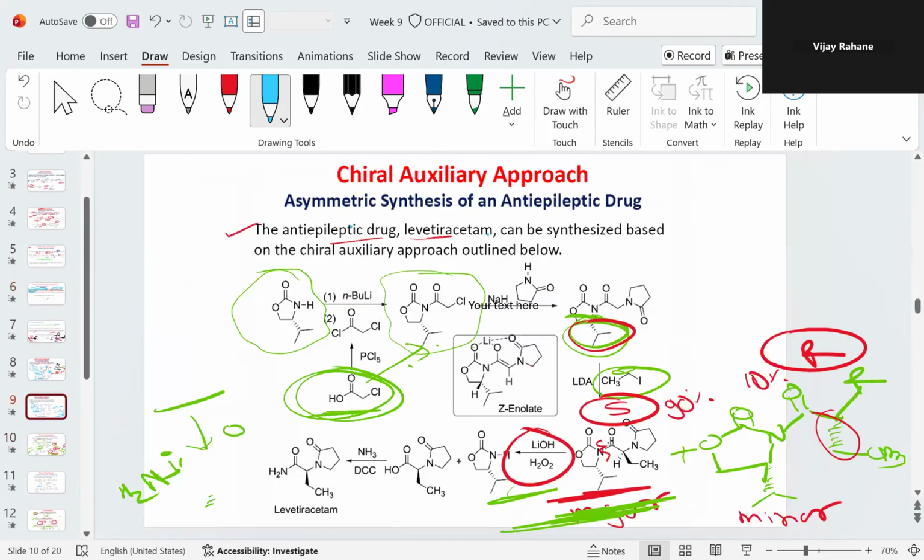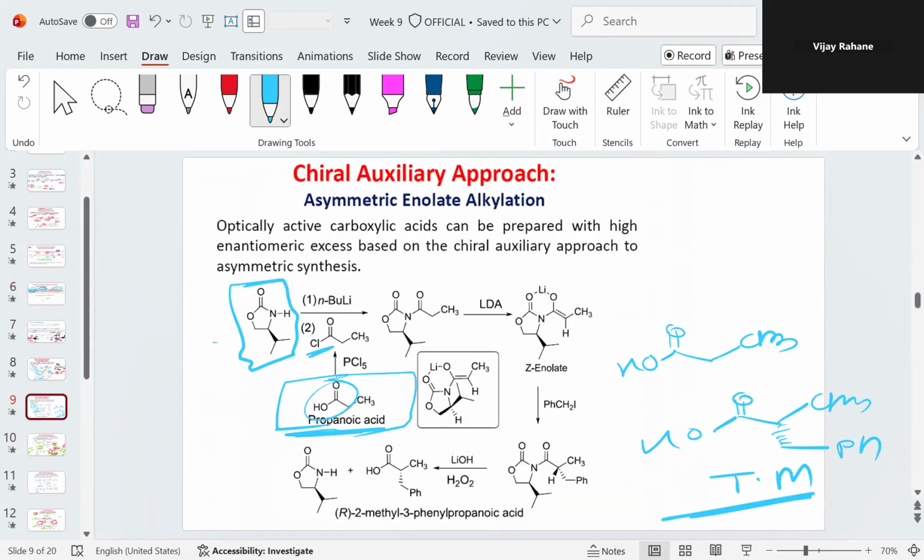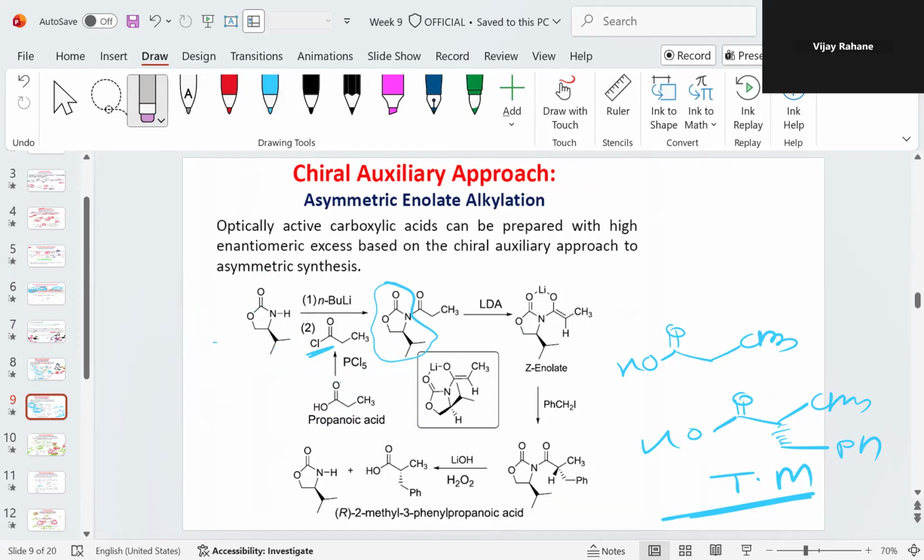So this is the achiral substrate, and this is the chiral unit. We have incorporated that chiral unit temporarily on this substrate. Okay. So now when you do the enolate formation on this intermediate, what happens?